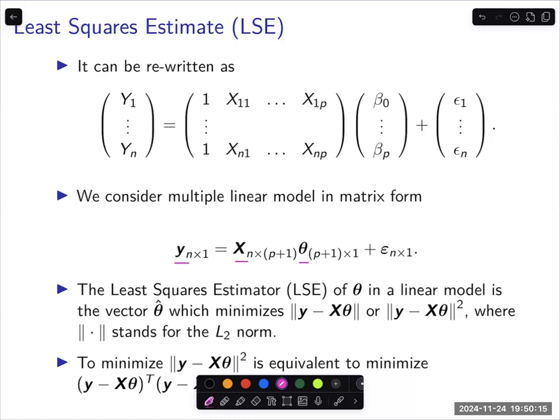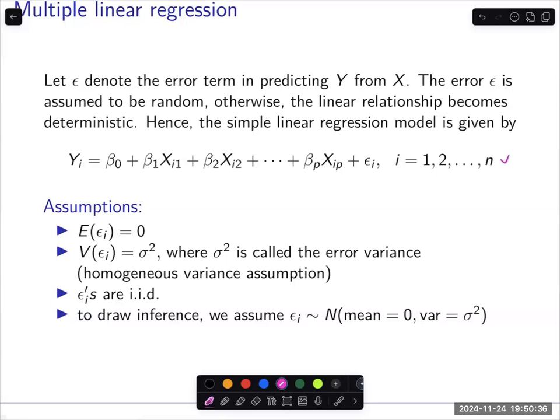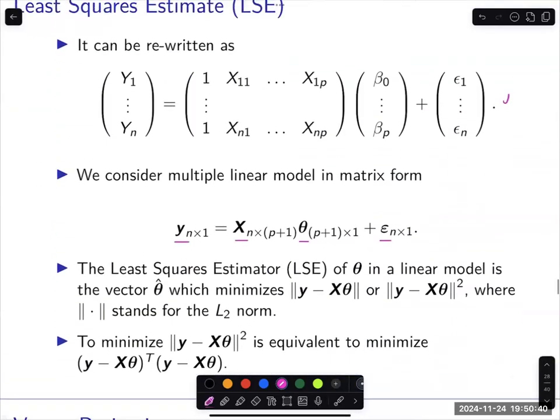I'm going to call it theta, and it is the collection of beta 0 to beta p, which has p plus 1 terms, and epsilon as the vector of random errors. And it can be shown that the first expression is just the same as that expression here. Those two expressions are equivalent to each other.